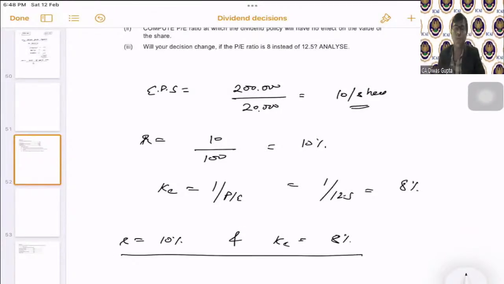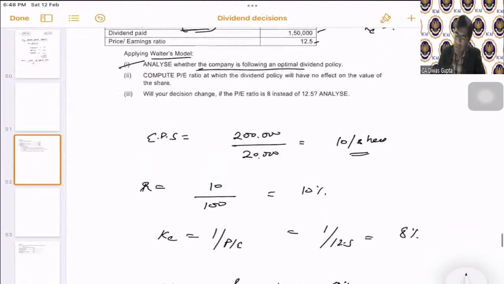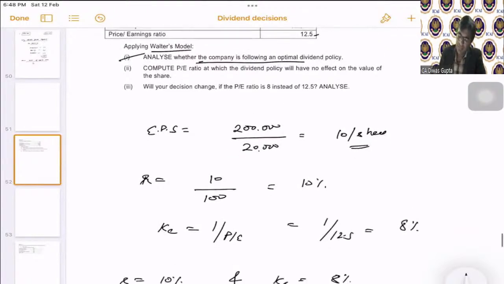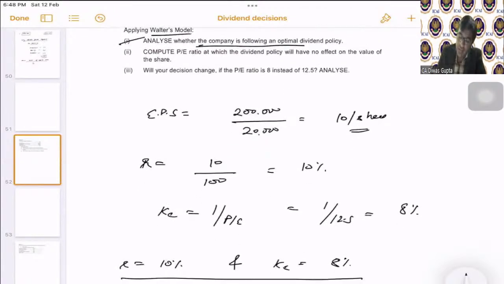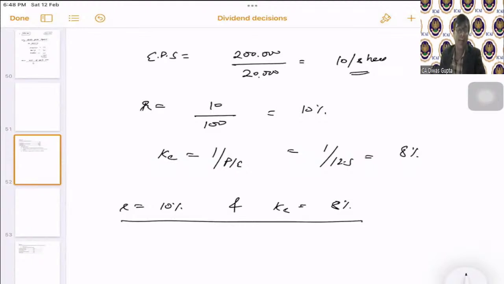Very simple till now. Can we now apply the Walter's formula? No, sorry. What the question is asking is applying Walter's formula. First of all, you analyze whether the company is following an optimal dividend policy. Now, what if R is greater than KE? What is the optimal dividend policy? Zero.